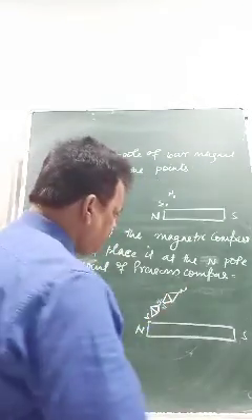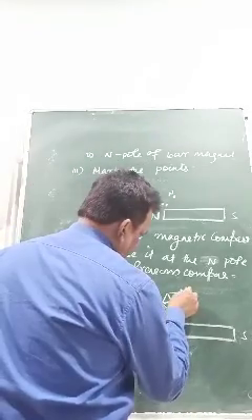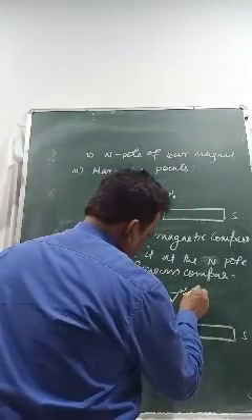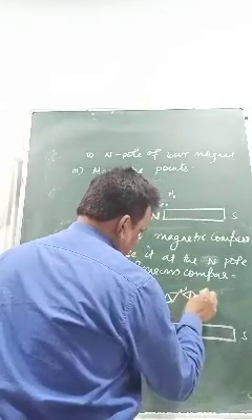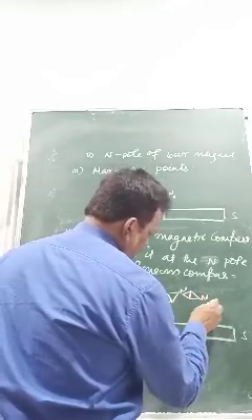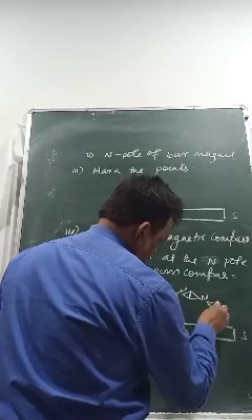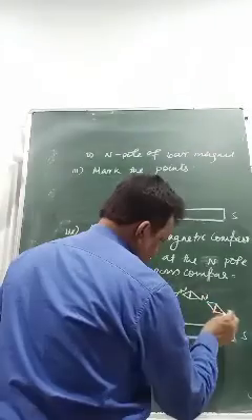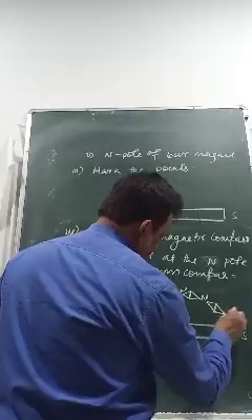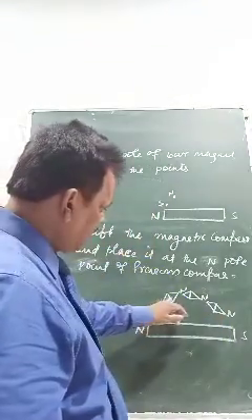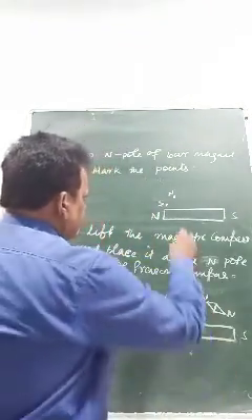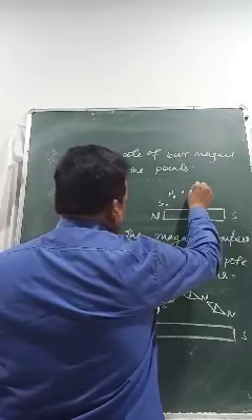Okay, place another again, then you will find south north. Another one, north south, like this. So if you place the magnets like this, then you will find points like this.